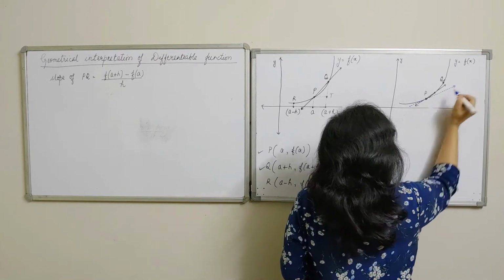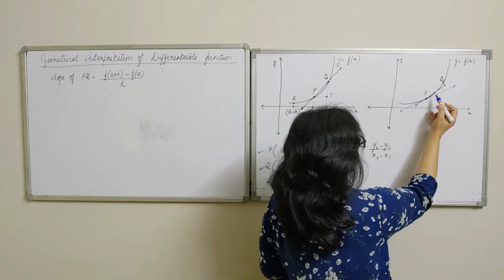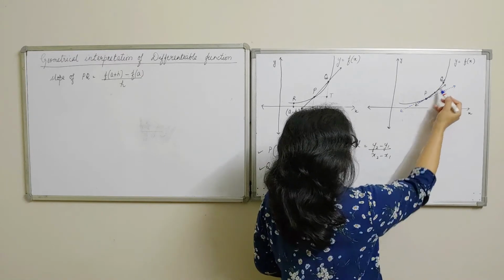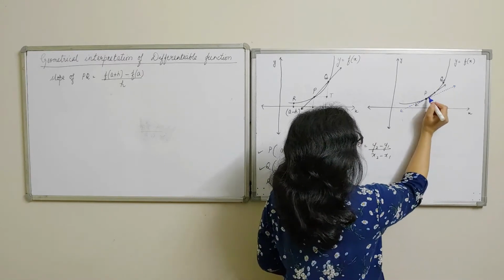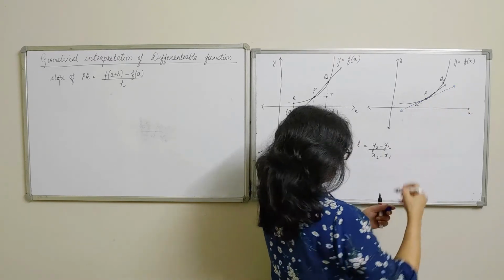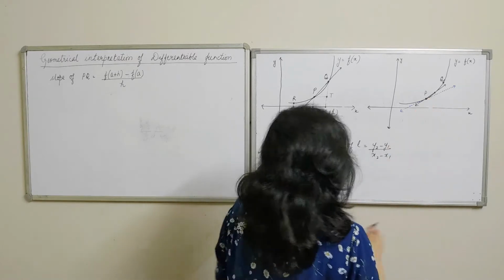Whenever Q is very close to P, it is still a secant. When the point Q is exactly here, the line becomes like this. Now you can see in the figure that the line becomes a tangent.